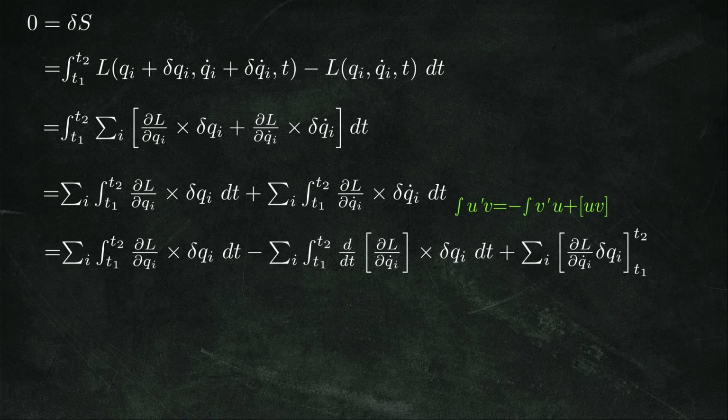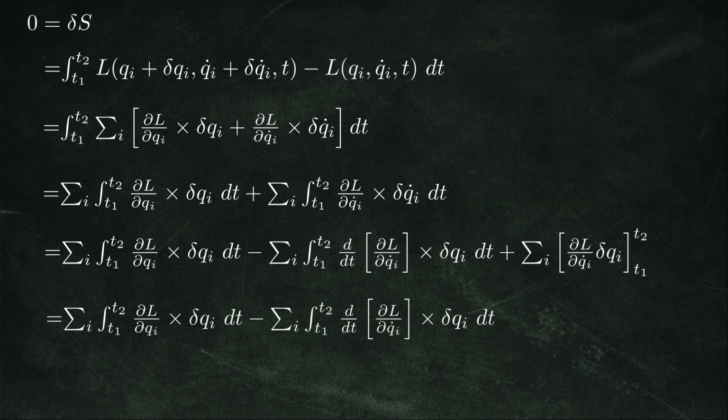Now, why this is important is that now the first two terms both have a delta q. Then they don't have a delta q dot, and we'll see why that's important in a minute. Then to get to the next line, we notice that the thing in brackets on the right, so that fully evaluated term, is 0. And now why is this 0?